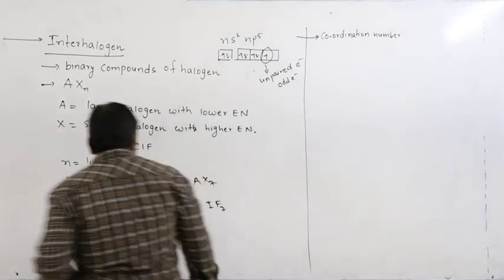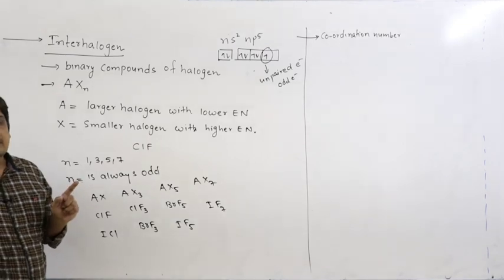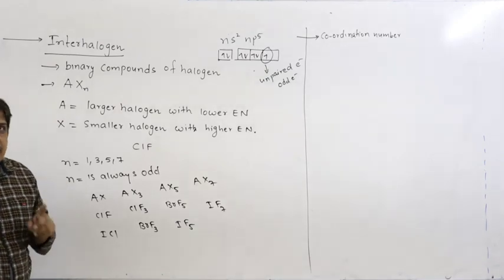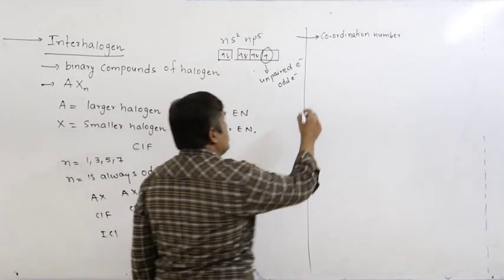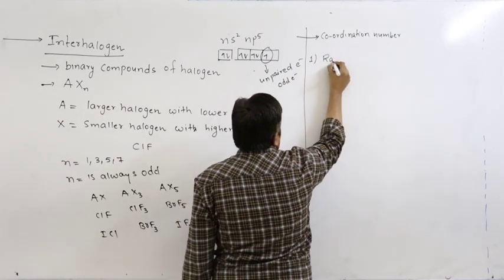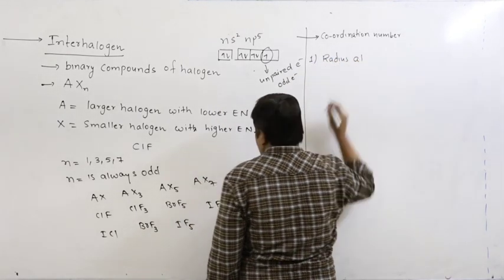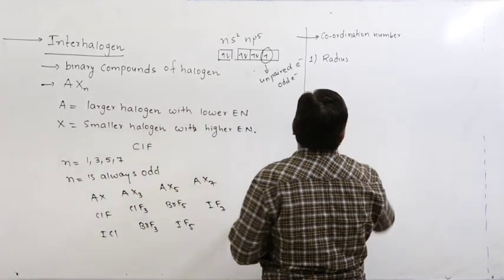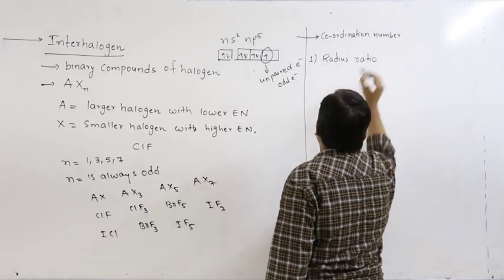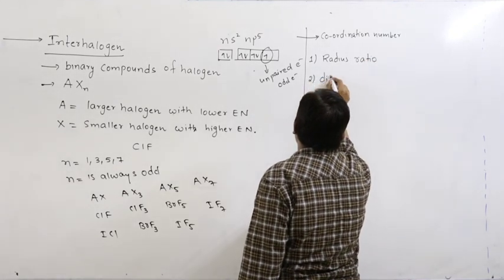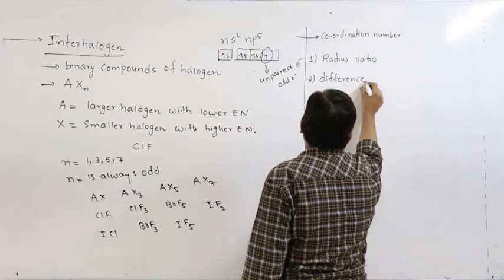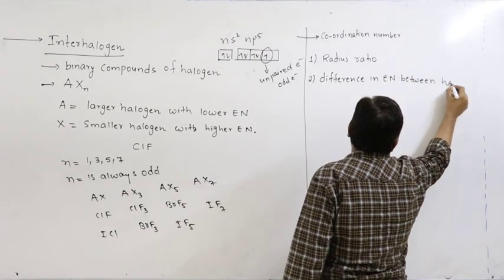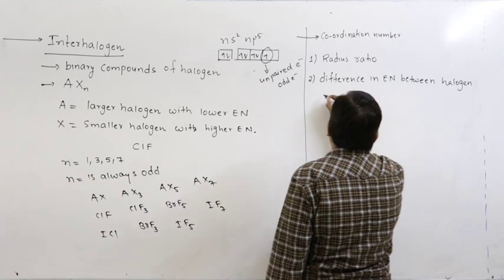The number of smaller halogen atoms surrounding the central halogen atom depends upon 2 factors. One is the radius ratio. And the second one is the difference in electronegativity between the halogen atoms.